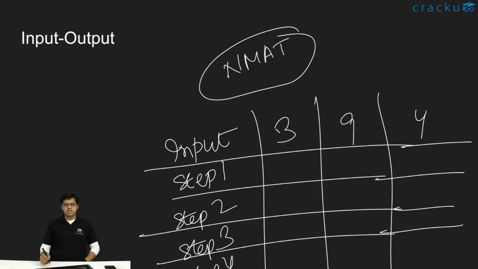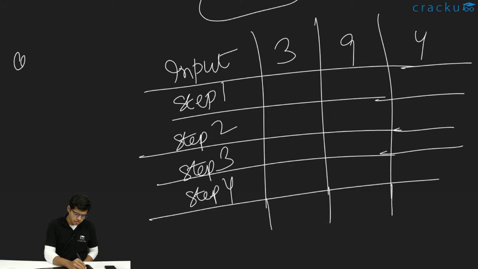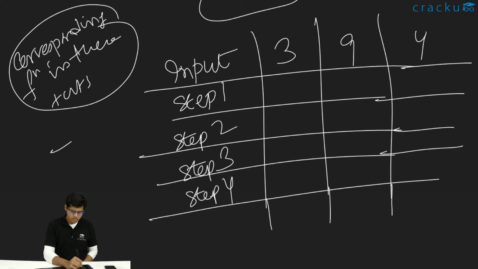Then you will be given some steps, and there will be a corresponding function in those steps. I mean, say 3 multiplied by something plus something, or square of something.